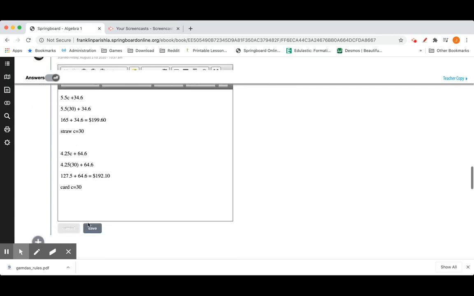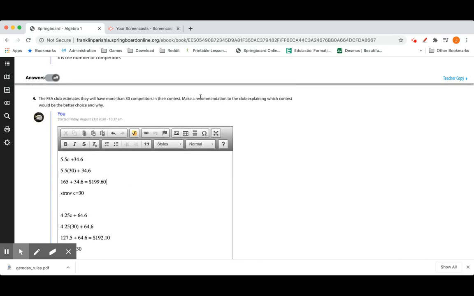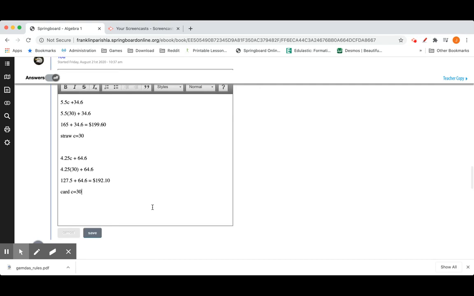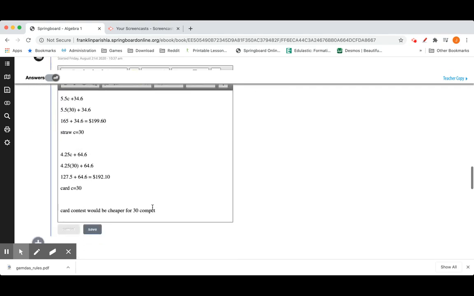And so, make a recommendation to the club explaining which contest would be the better choice. If they're going to have 30 people, card contest would be cheaper. Card contest would cost the least amount of money for 30 competitors, or even more than 30.